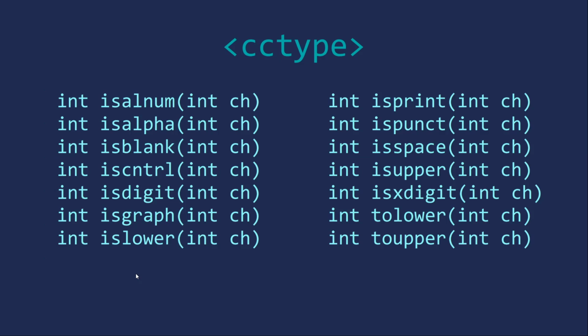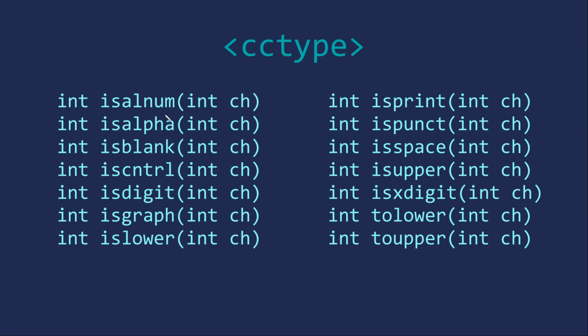Before we move on to the string class, I want to mention another C library that's available in C++ that is useful no matter what kind of string you're working with, and that is the cctype library. This is a set of functions that operate on characters and can be very useful. The functions that begin with is, so most of these, basically look at a character to see if it falls in a certain category.